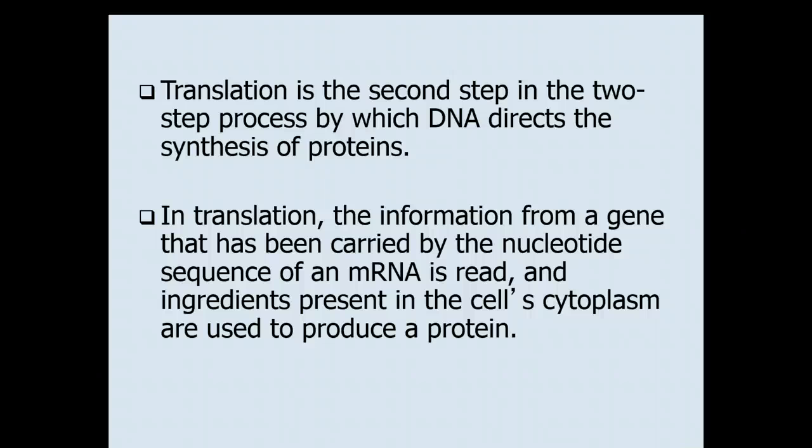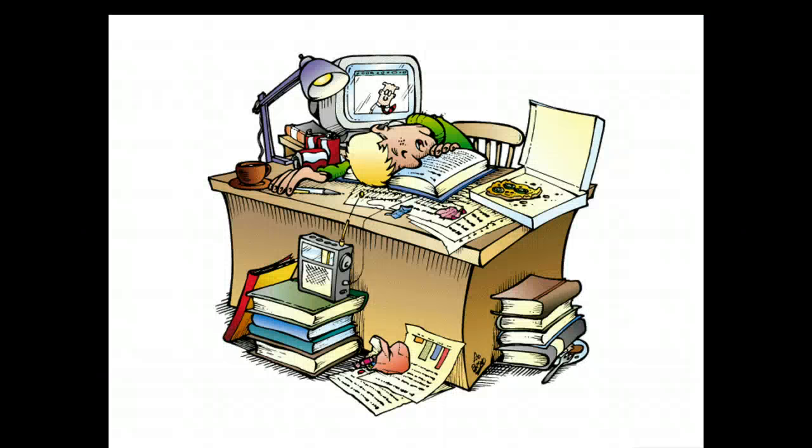Translation is the second step of the two-step process by which DNA directs the synthesis of proteins. In translation, the information from a gene that has been carried by the nucleotide sequence of a messenger RNA is read, and the ingredients present in the cell's cytoplasm are used to produce a protein.